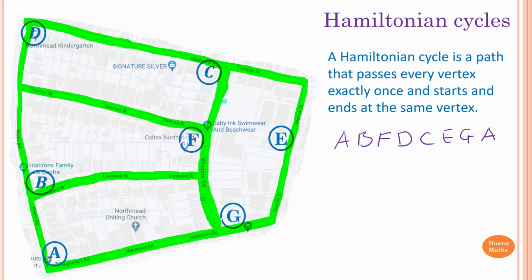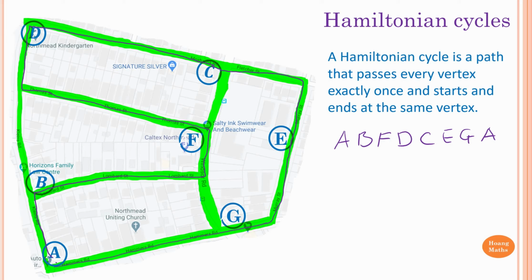Or I can start from I, go along Hammers Road, visit G, and then visit E, and I go visit C, followed by D, and then I go along this row here, and then visit F, and I turn here, and I visit B, and I go back to my house.